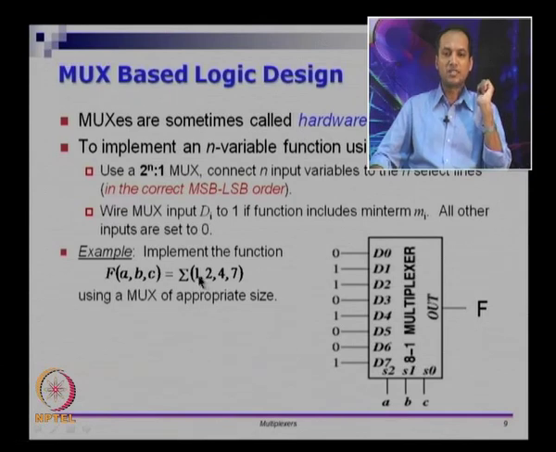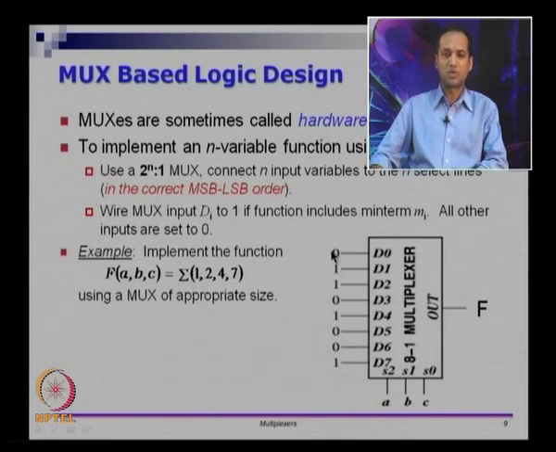Let us see the minterms here. Minterm 1 is here, so you take the d1 input and put 1 there. Minterm 2 we want, so take the d2 input and put 1 there. We want minterm 4, so take the d4 input and put a 1, and for 7 take the d7 input and put a 1. If we look at this, this is the truth table for the circuit.